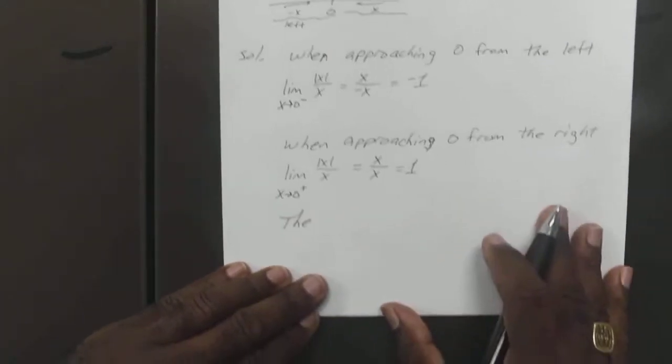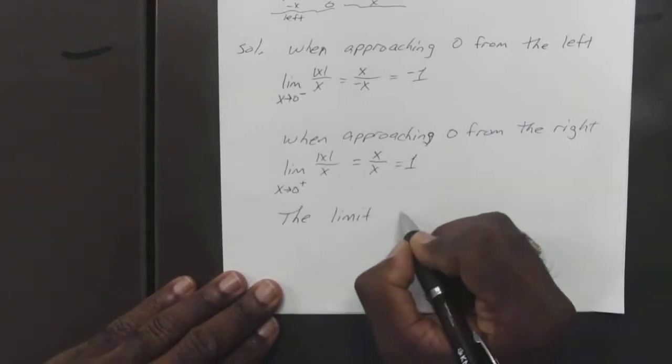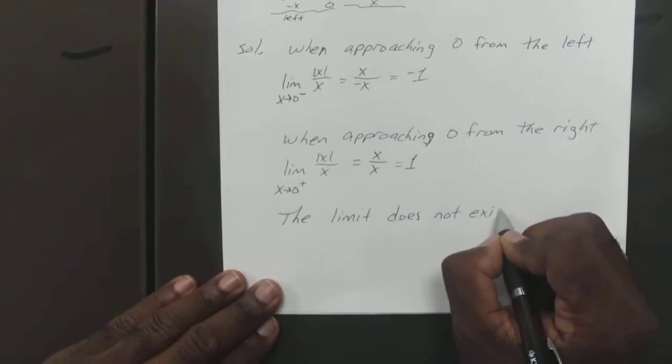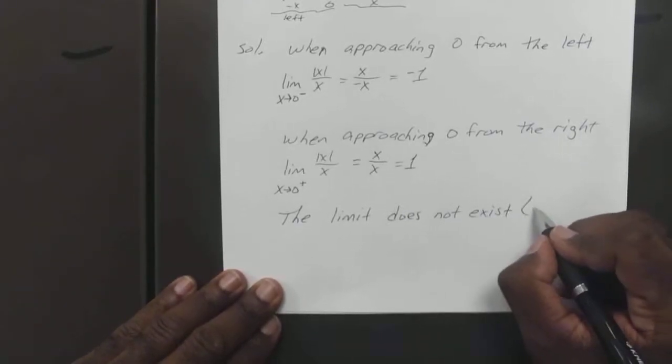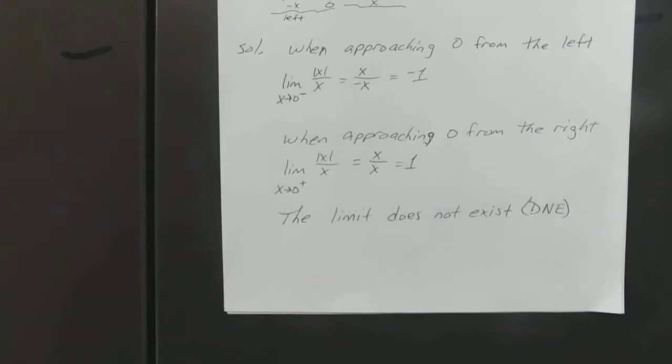Yep, here. Move that up a little bit. So it does not exist. And normally if it does not exist, you'll see DNE. And the only reason it doesn't exist is because when you approach it from the left and from the right, you have two different values.